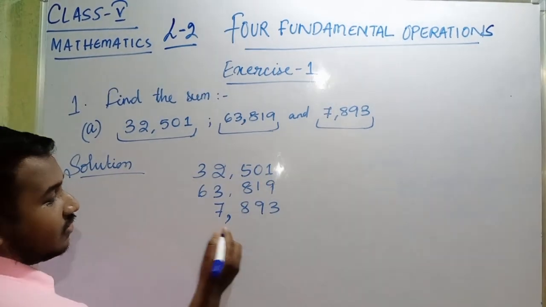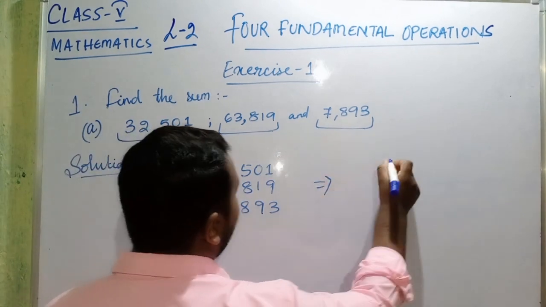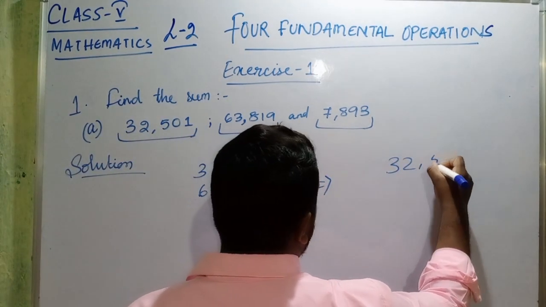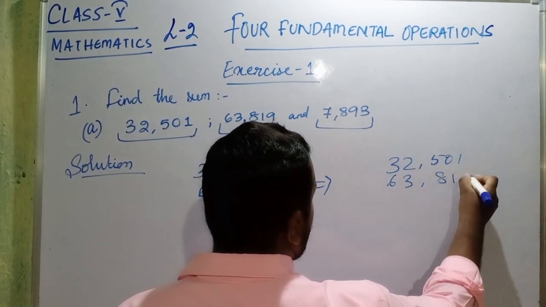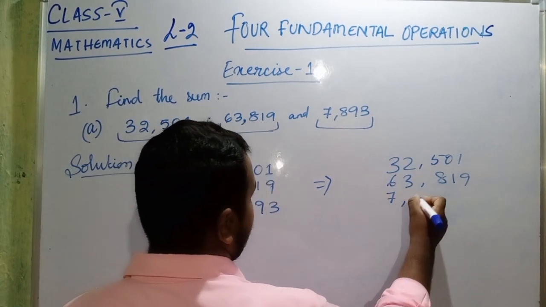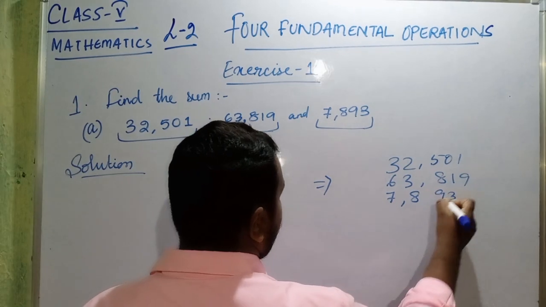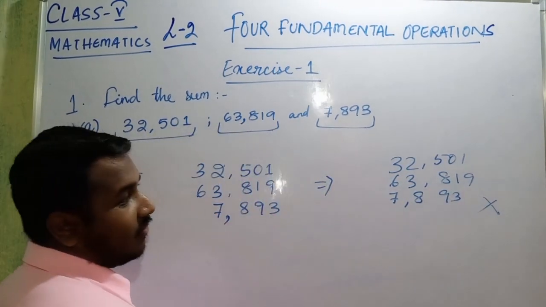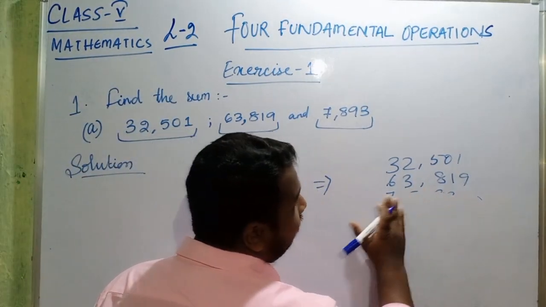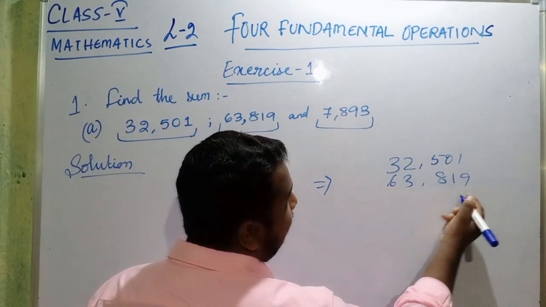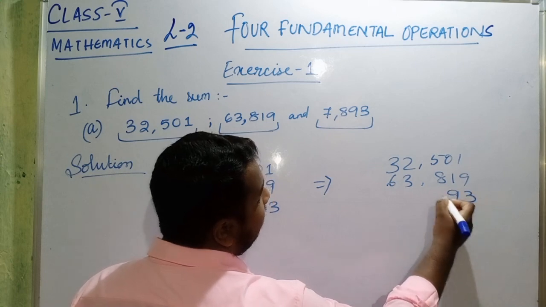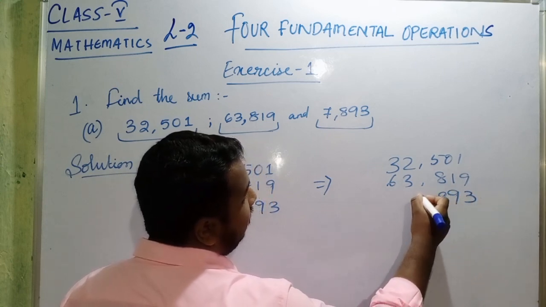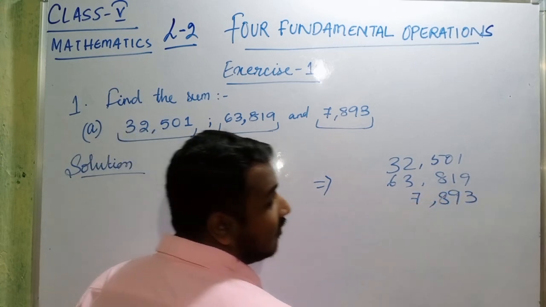If you write like this, this is wrong. You have to first write the 4 digits from the right side. You have to continue. Which side? Right side. 3, 9, 8, then comma, then 7. Likewise you have to write.